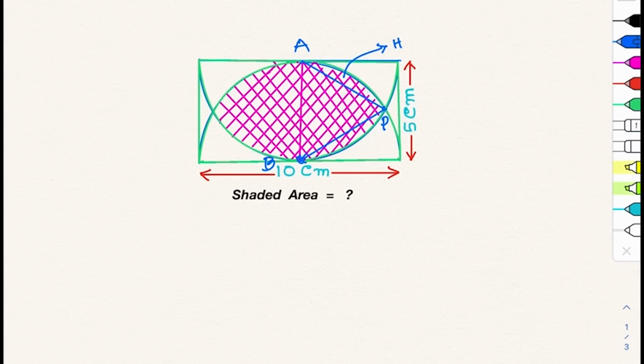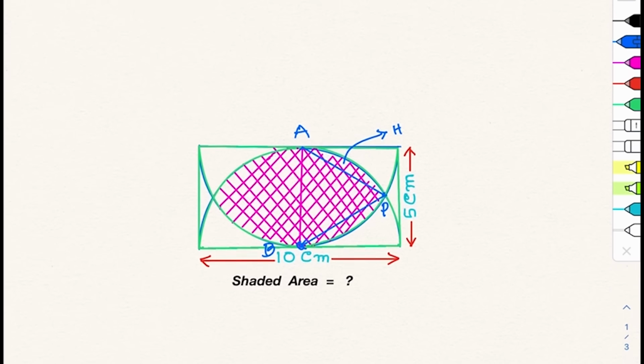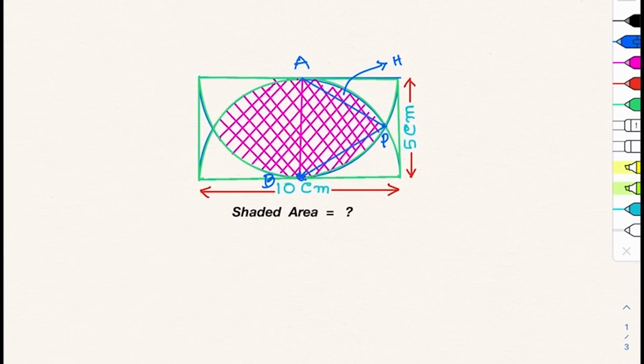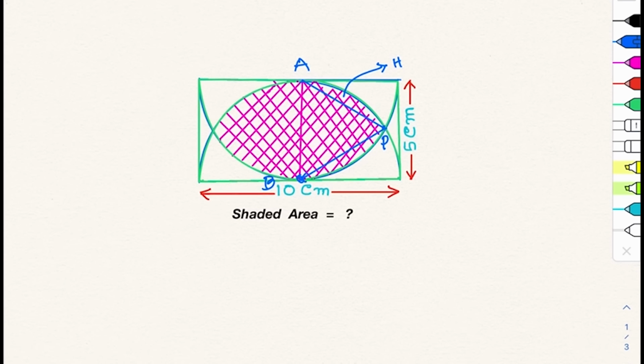So here ABP is a triangle, and it is easy to prove that AP, PB and AB are all 5.